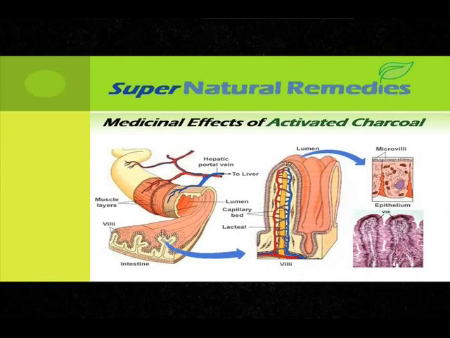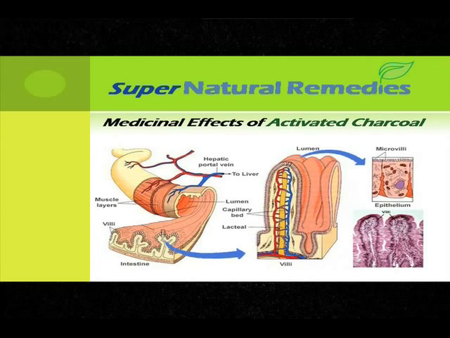Now remember what we saw here. We saw that there were little hair-like projections on these villi, which are little protrusions in the lining of the intestine. Food is absorbed through here, right?